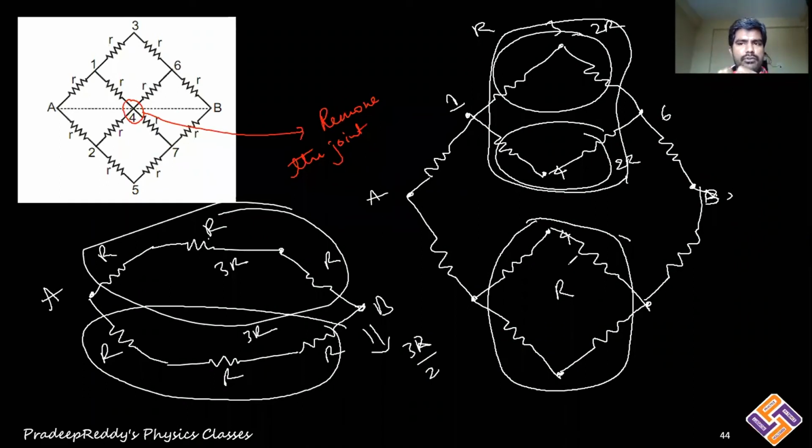Once you identify that point, as current division does not take place, you can remove the joint. Once you remove the joint, the whole complicated circuit is resolved into a simple form. In that simple form, you can identify which are connected in series and which in parallel. Simply, you can find the effective resistance using basic relations for series and parallel combinations.